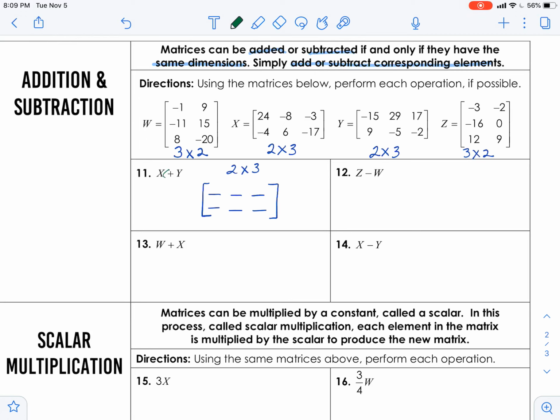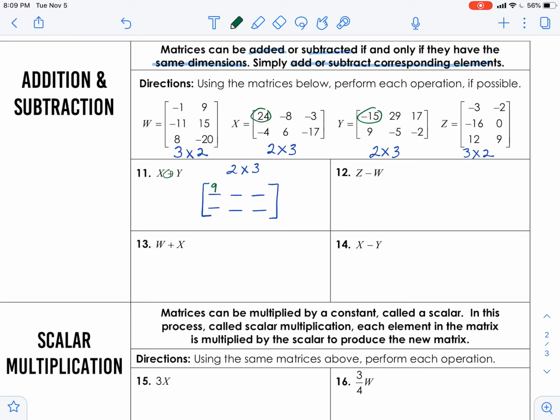Now this one says that we need to add, so I'm going to go up to X and Y, and I'm going to add positions. So this is the 1, 1 position to the 1, 1 position. So 24 minus 15 would be 9, and it would go in the 1, 1 position.